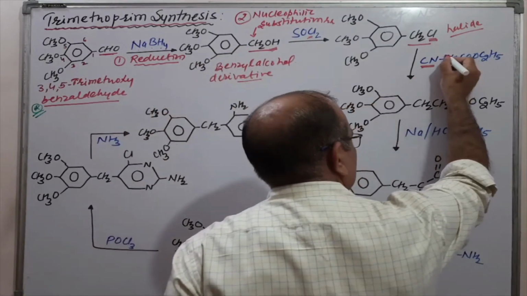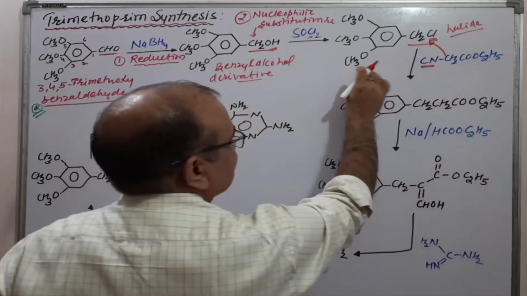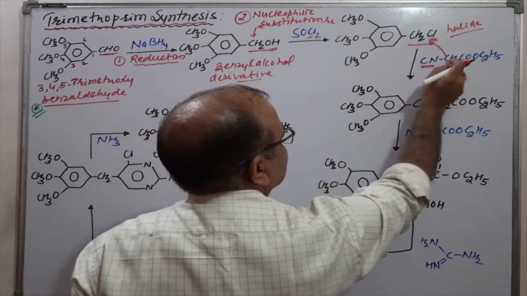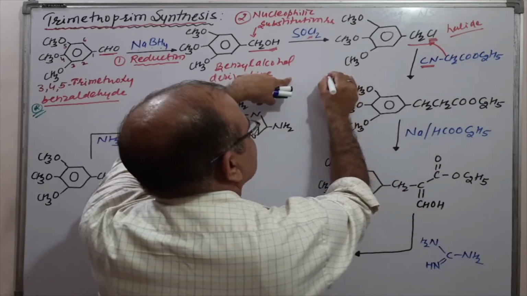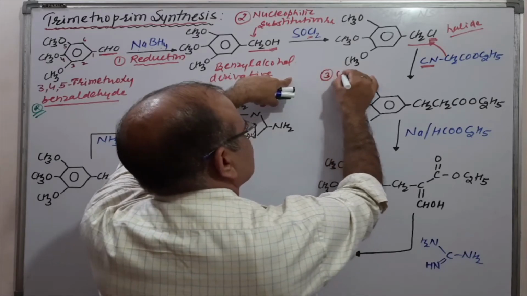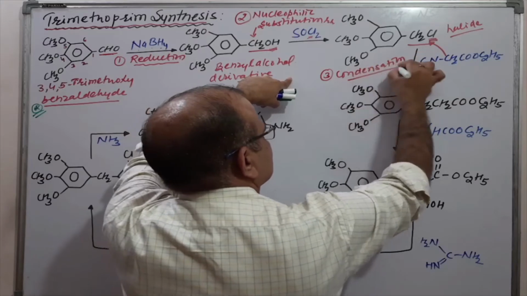Next one, here chlorine is there and cyano group is there, where this methyl carbon is attached, then at the same time what will happen is a simple condensation reaction, that is reaction number 3. This one, the condensation reaction. How is it a condensation reaction?